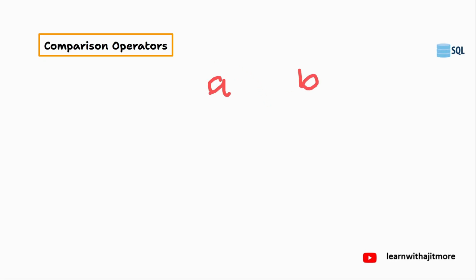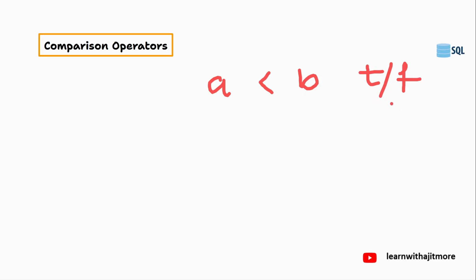Okay, so you want to just check what relation exists between that two value. Okay, so for that, some comparison operators are there, like lesser. If A is less than B, it will return true, otherwise false. Now, in SQL, true and false will be indicated by 1 and 0.